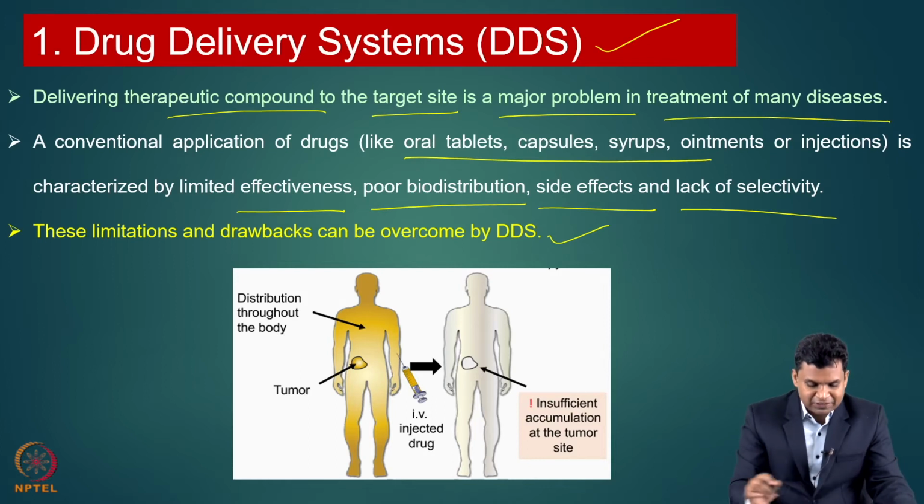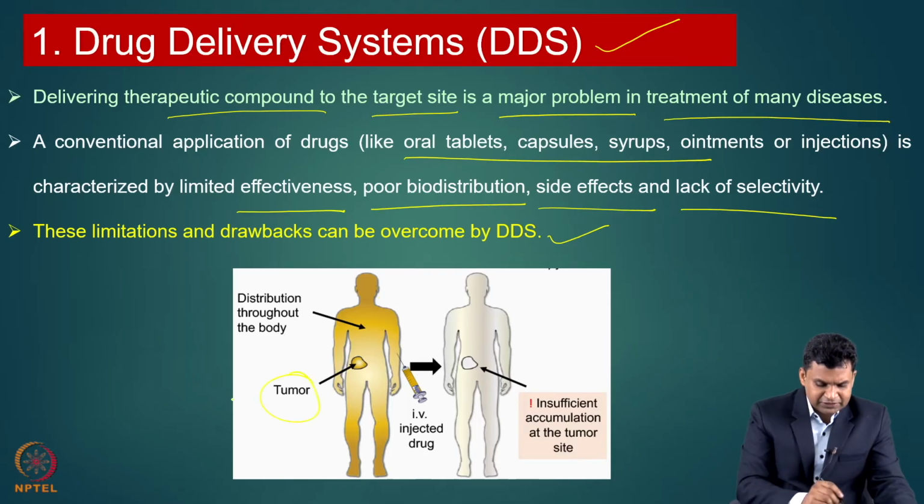Now, with this picture you will understand: if you give a cancer patient any type of conventional formulation, the drug will distribute throughout the body into various organs.